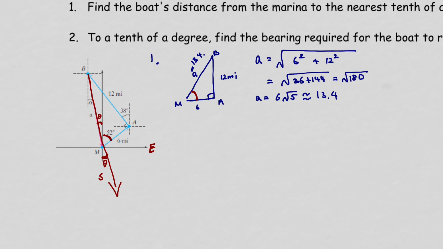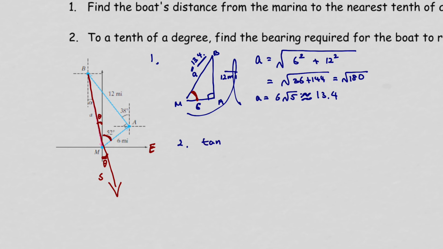So how do we find this angle then? We should be able to do that by tangent. I didn't want to use this measurement A because that was the measurement that we rounded, right? So if we want to use the exact value, we can use tangent.